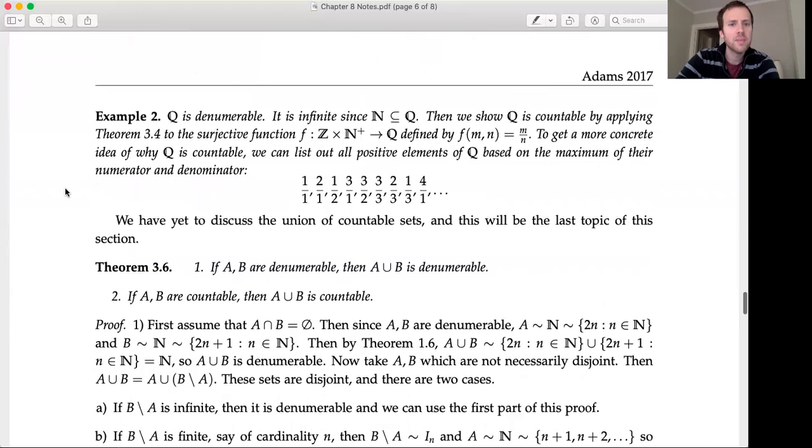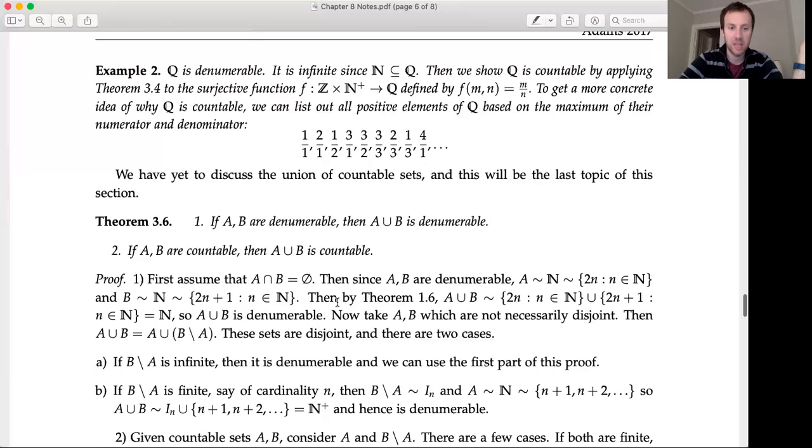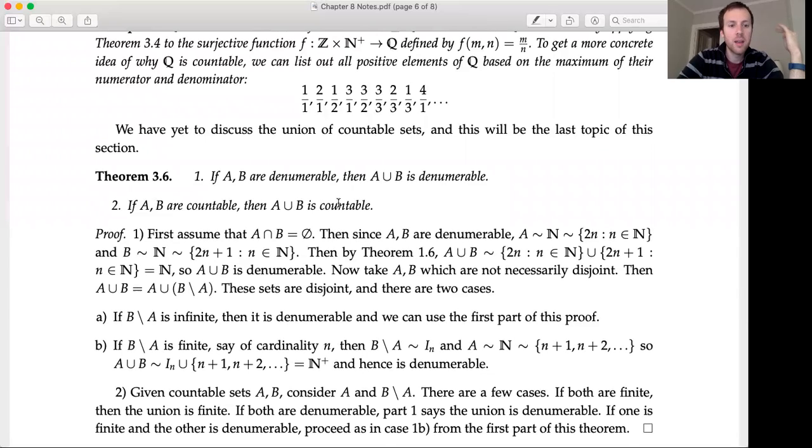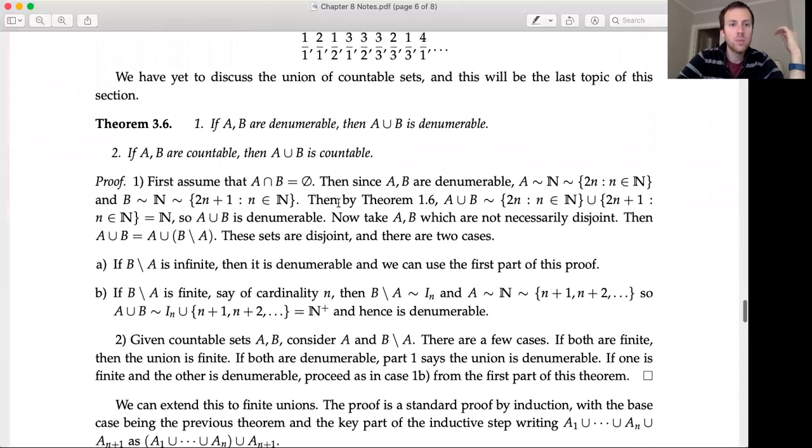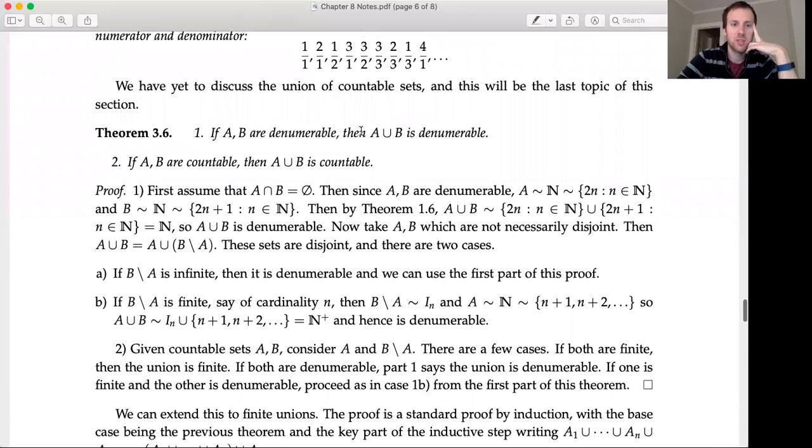So a lot of things are countable, and in particular, unioning countable sets gives us more countable sets. To make that more precise, if we have two countable sets and we union them up, they're countable. So countable means infinite, or this denumerable is countably infinite. What also happens is, this is another way in which induction shows up.